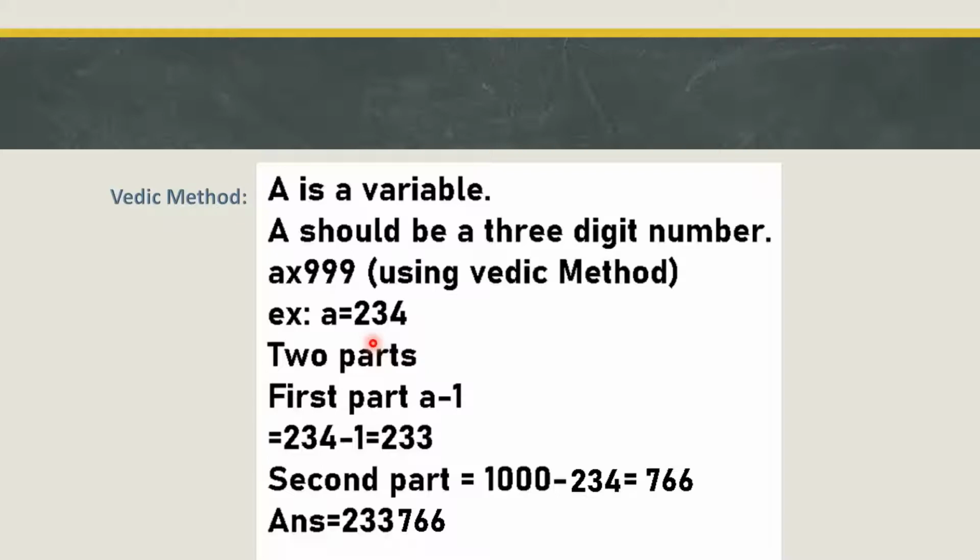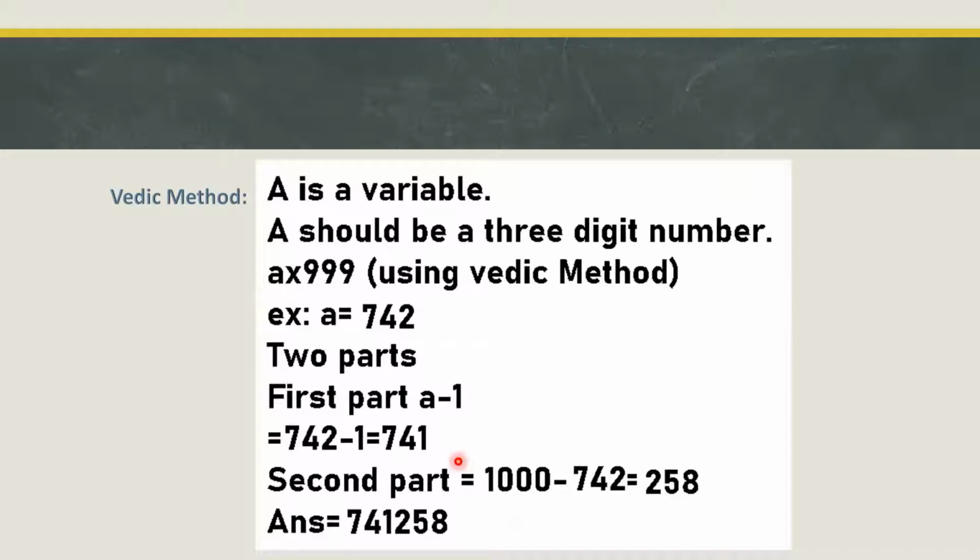The first part we'll get is a minus 1, so 234 minus 1, 233, and the second part is 1000 minus 234.